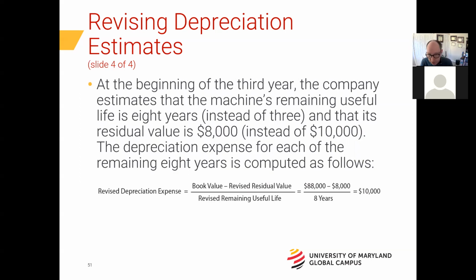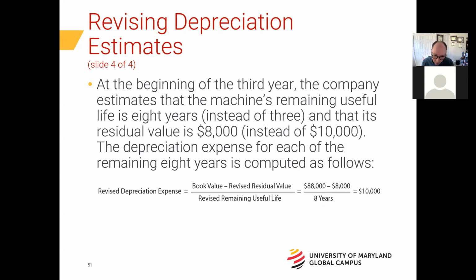Oh, well, we decided to do an engine overhaul on it and extended its useful life by another 3 years. So great. That makes the residual value $8,000 instead of $10,000, because now it's going to last 8 years instead of 5. So $8,000 residual value revised, remaining useful life 8 years.